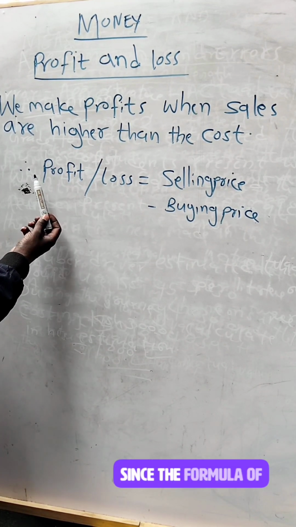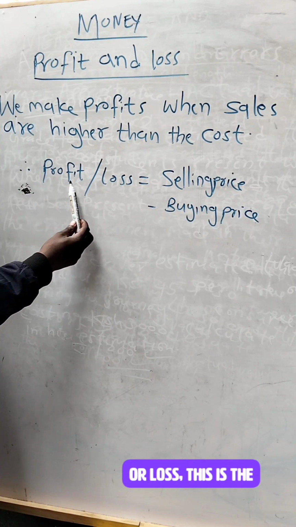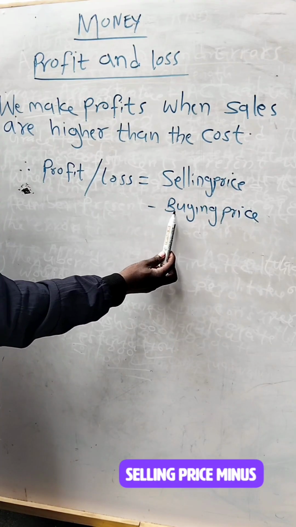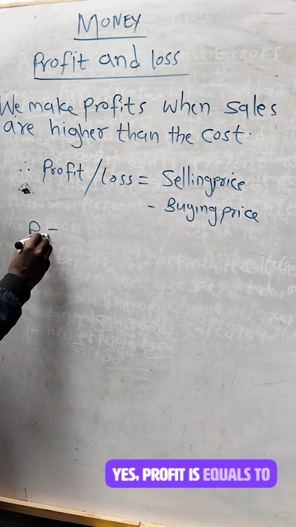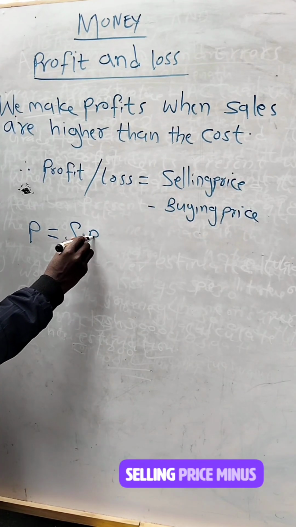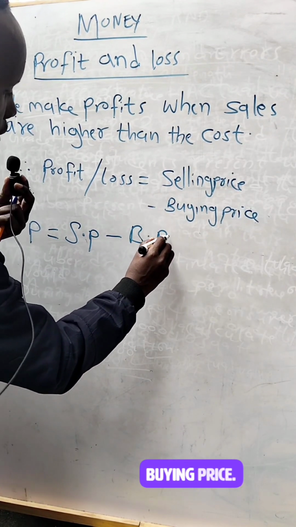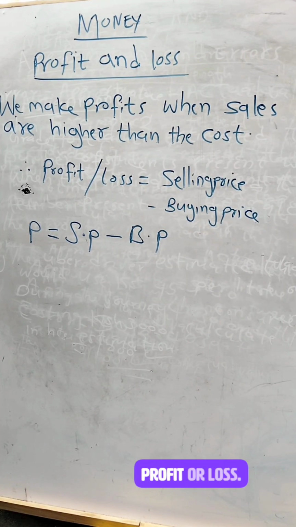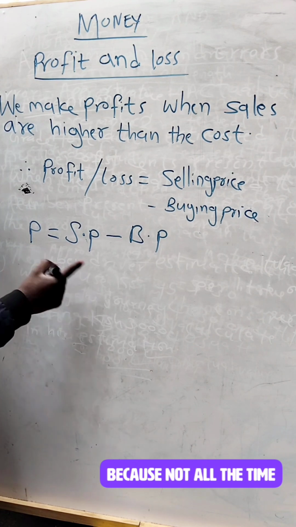The formula of finding profit or loss is this: profit is equal to selling price minus buying price. This is the general formula of getting the profit or loss, because not all the time you make profit.